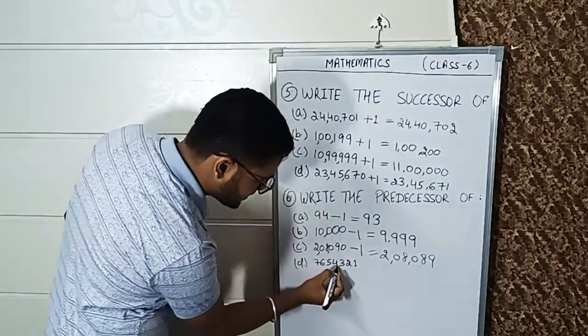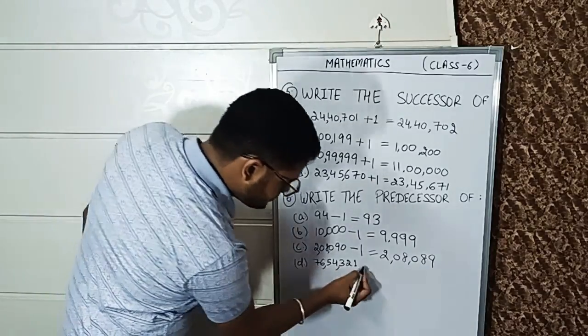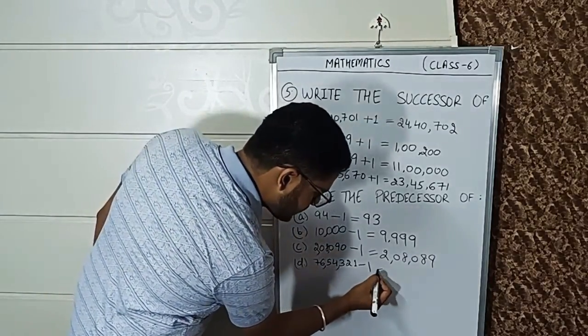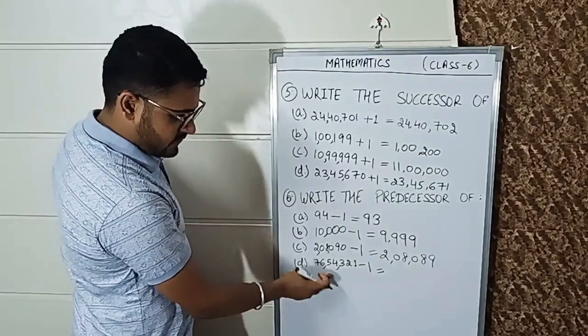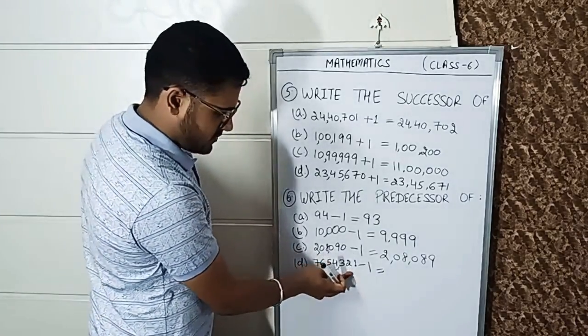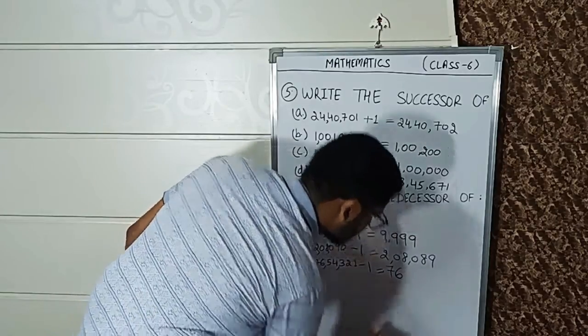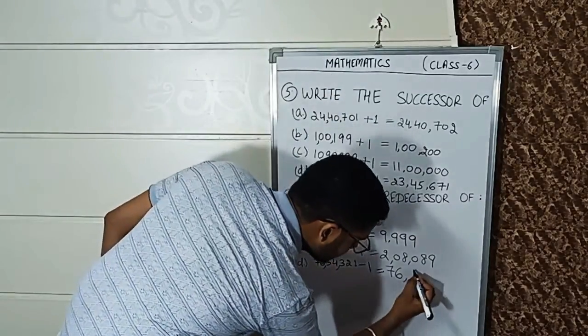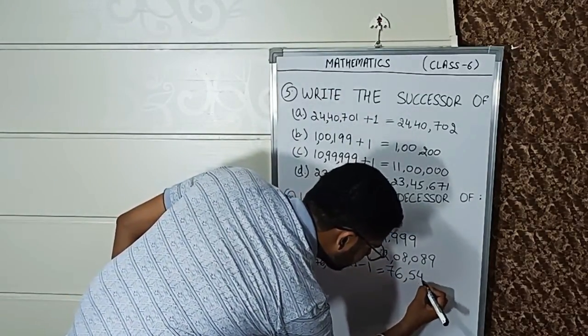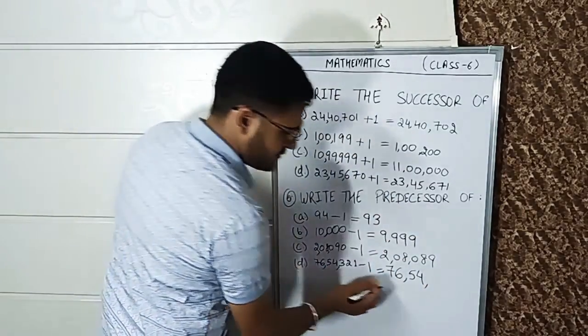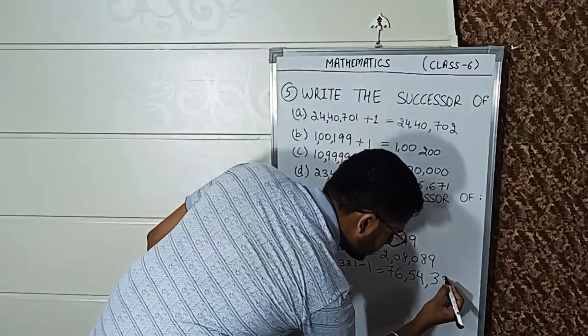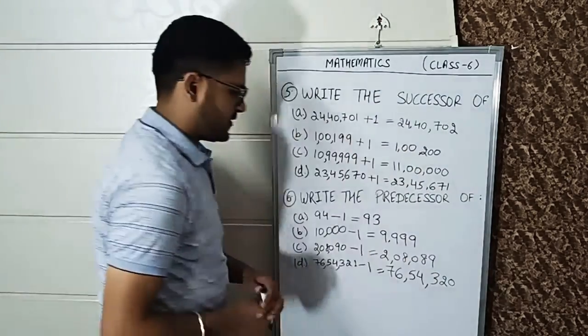Now the final example, 76,54,321 minus 1, 76,54,320. Okay.